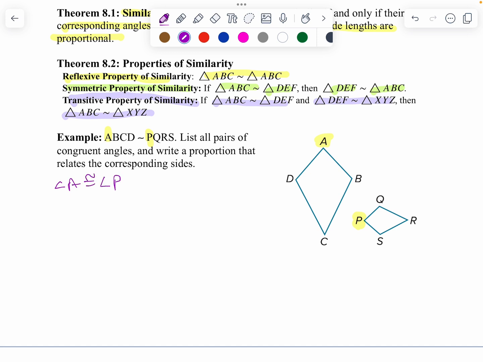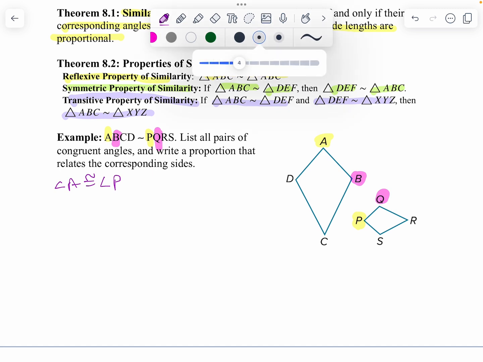I could just go around my shape and notice that angle B and angle Q correspond.